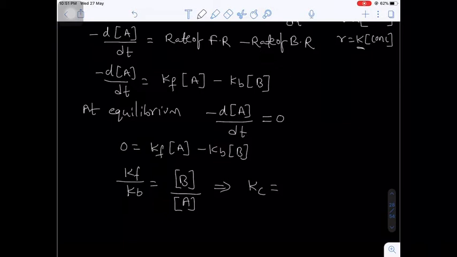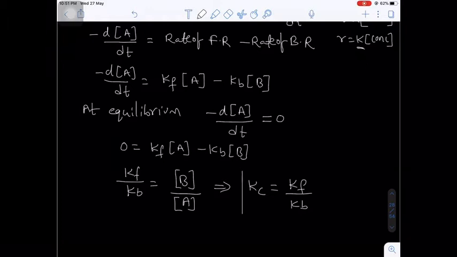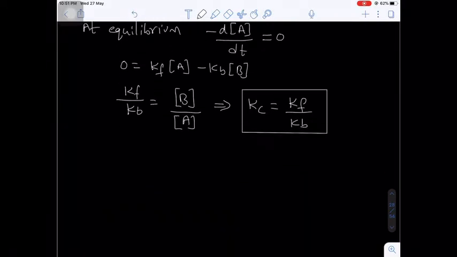So Kc, the equilibrium constant, is the ratio of the rate constant of the forward reaction to that of the backward reaction.